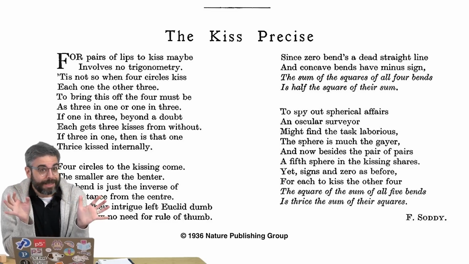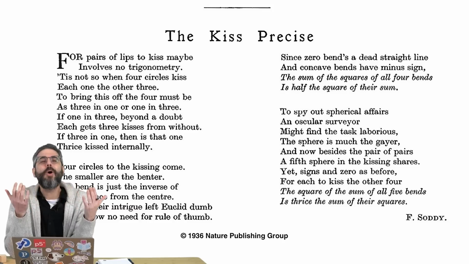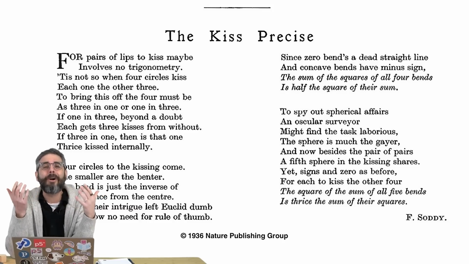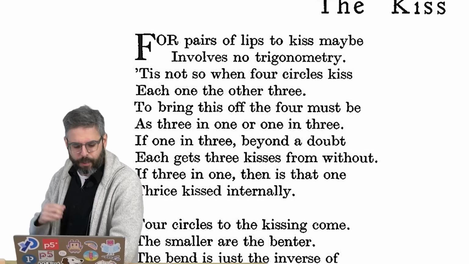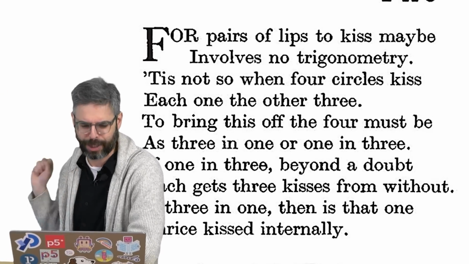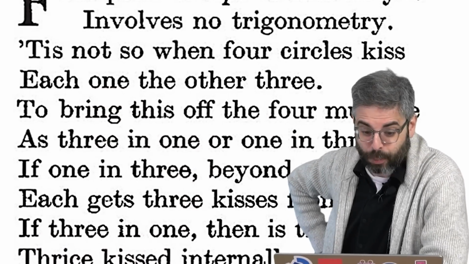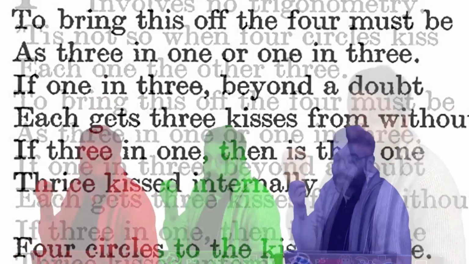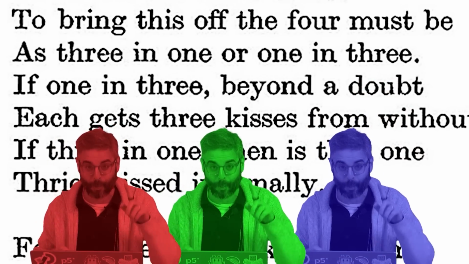Soddy rediscovered Descartes' theorem independently in 1936, found it so beautiful he wrote an entire poem about it. The kiss precise. For pairs of lips to kiss, maybe, involves no trigonometry. 'Tis not so when 4 circles kiss, each one the other 3. To bring this off, the 4 must be as 3 in 1, or 1 in 3.